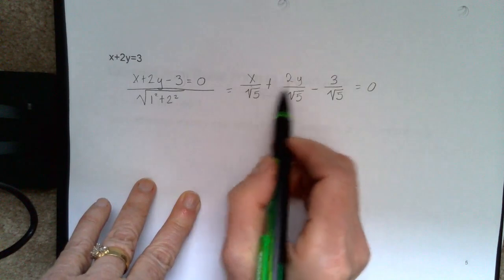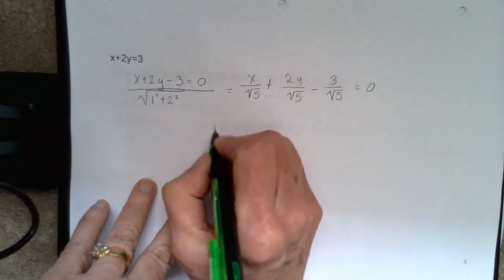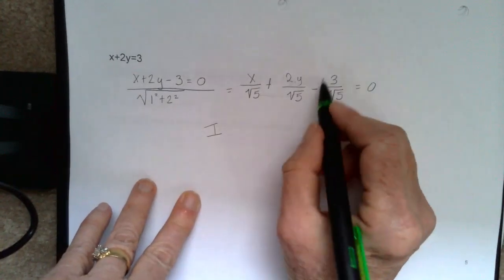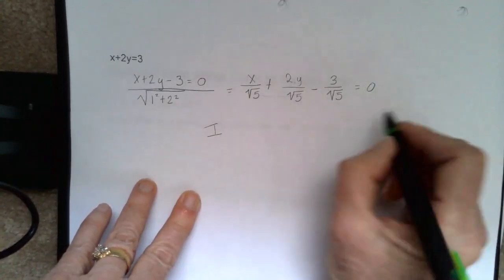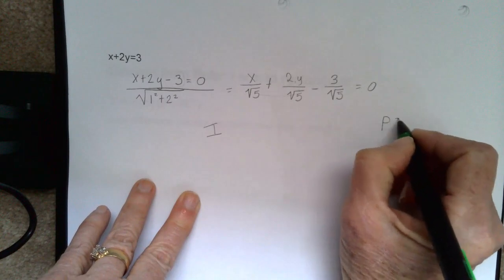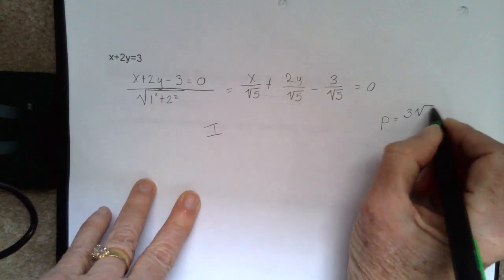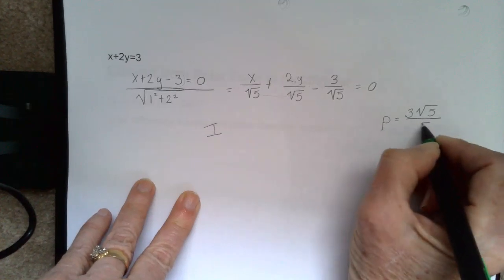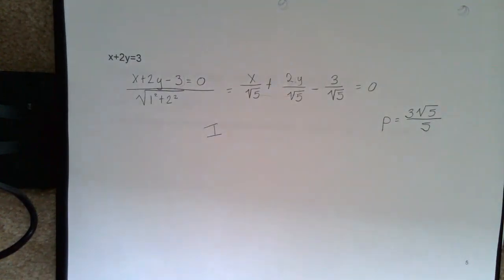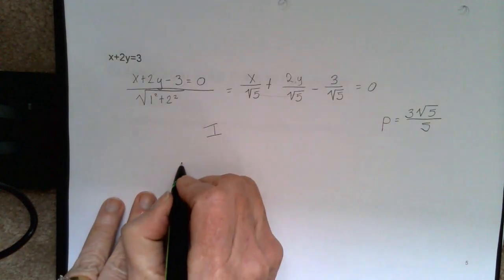Well, one thing you can notice, they're both positive, so I know this is going to be in the first quadrant. To get the p, though, I have to rationalize the denominator, so p is going to equal 3 on the square root of 5 over 5. Okay, so I need that p, but now I've got to find the phi.